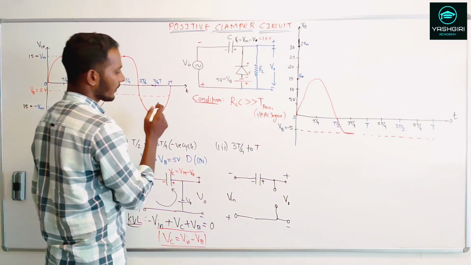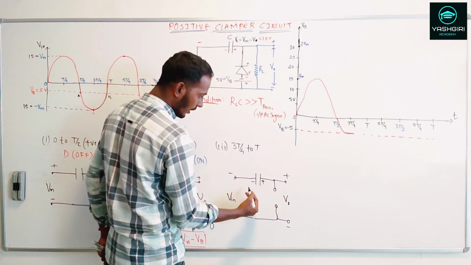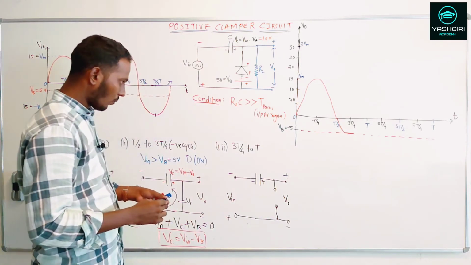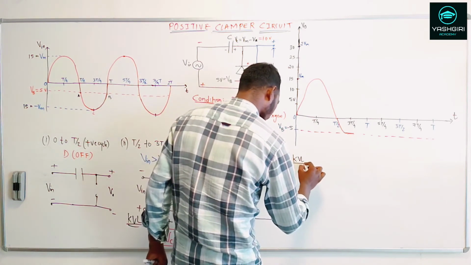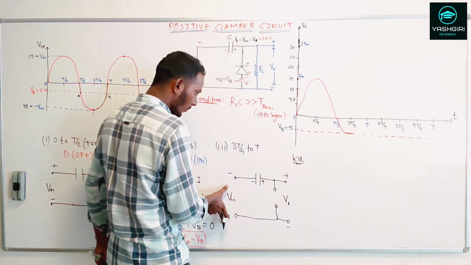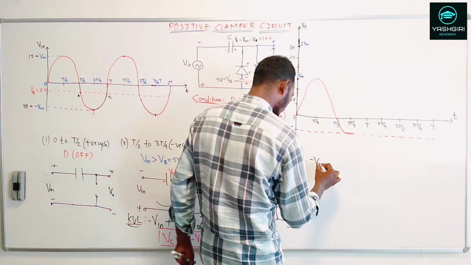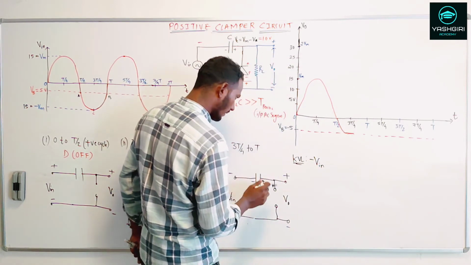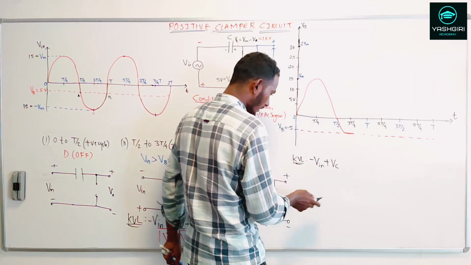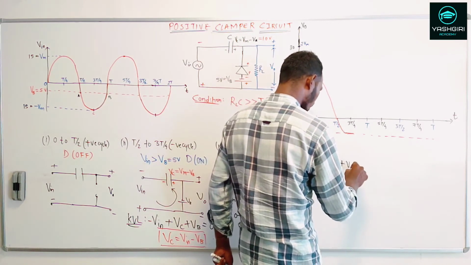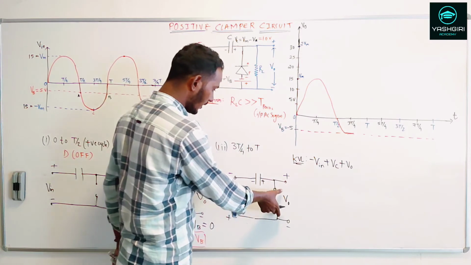Right? So if you apply the KVL to this side, what I'm going to get is, let me apply the KVL. There is a voltage drop, so this is a minus V in, and there is a capacitor voltage, so there's a rise of VC, and there is a drop, so this is my V out, and we are interested in the V out.